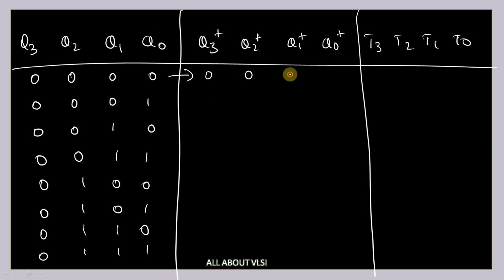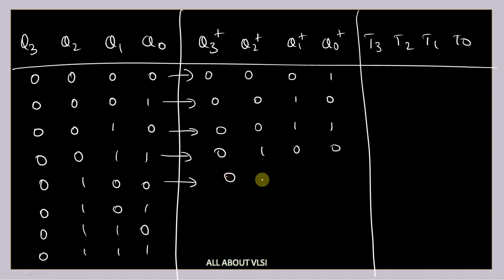So it is 0, 0, 0, 1, and this is 0, 0, 1, 0, and 0, 0, 1, 1, and 0, 1, 0, 0, 0, 1, 0, 1, 0, 1, 1, 0, 0, 1, 1, 1. I am just looking at the state diagram and drawing it, followed by 1, 0, 0, 0.